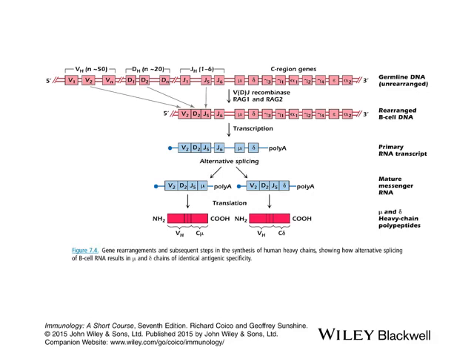So what is happening is, again, the whole idea for all these figures in your book is that you are seeing gene rearrangement and subsequent steps and synthesis of heavy chains. And then you can see that the body has this capability, we call it splicing in terms of the gene.